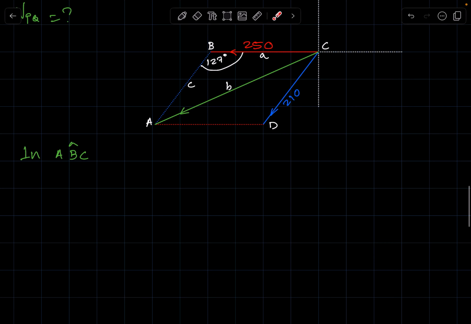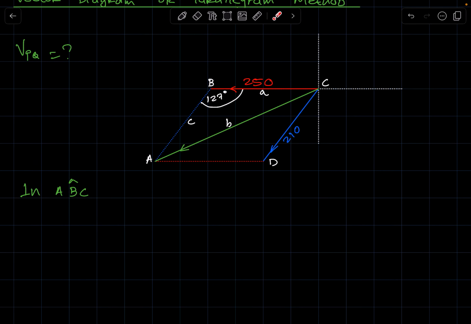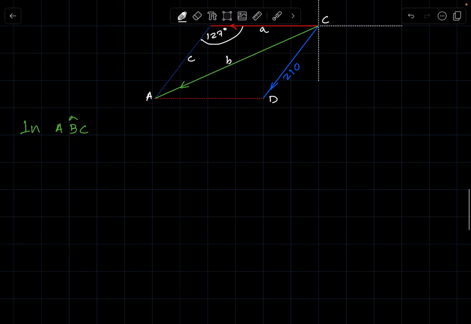So what are we looking for? Now this is how you use the cosine rule. We are looking for B. So you first write what it is that we are looking for.